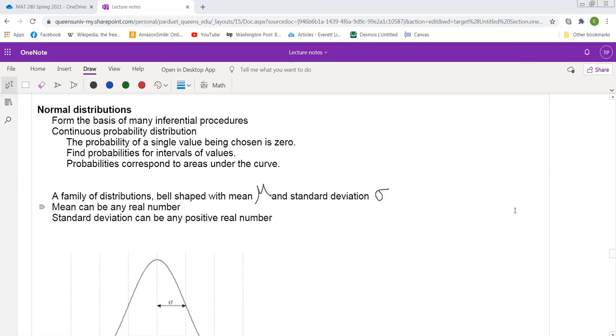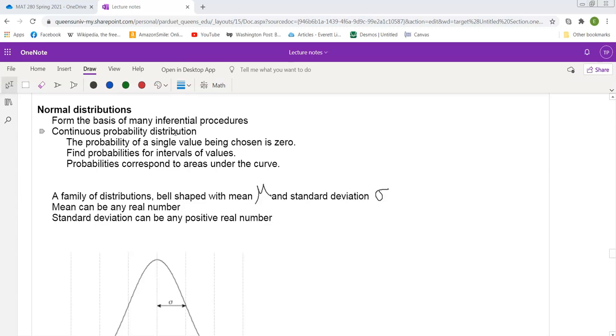Before we start talking about the normal distributions themselves, let me mention that normal distributions are continuous probability distributions, and that means that the values you're finding the probability of, so if I want to find the probability that a given value is selected, that given value is on a continuous scale.